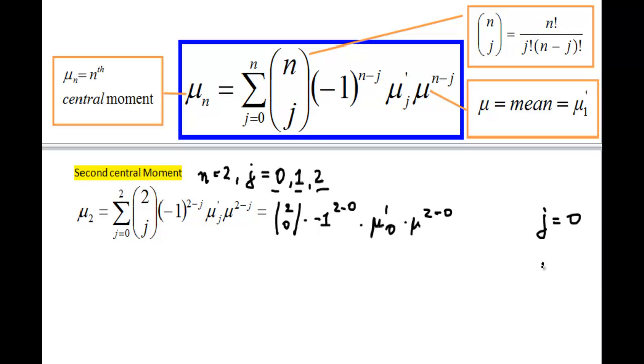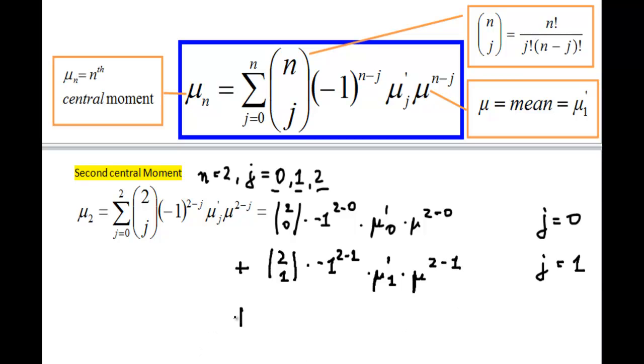Now, for j equals 1, we have 2 choose 1 times minus 1 to the power of 2 minus 1 times mu prime 1 times mu to the power of 2 minus 1.